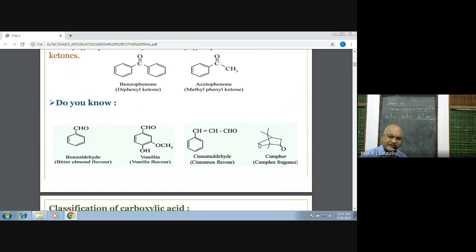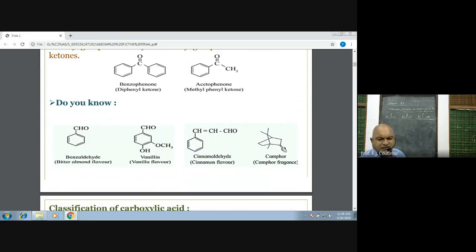Here it is CH2, here there is CH2, here again tetravalent, and here there is a methyl. So this is camphor. Camphor fragrance, you know what camphor is? In Marathi we say kapur, which burns, and people use it during worship. So this is the structure of camphor, which gives a camphor phenolic type fragrance.